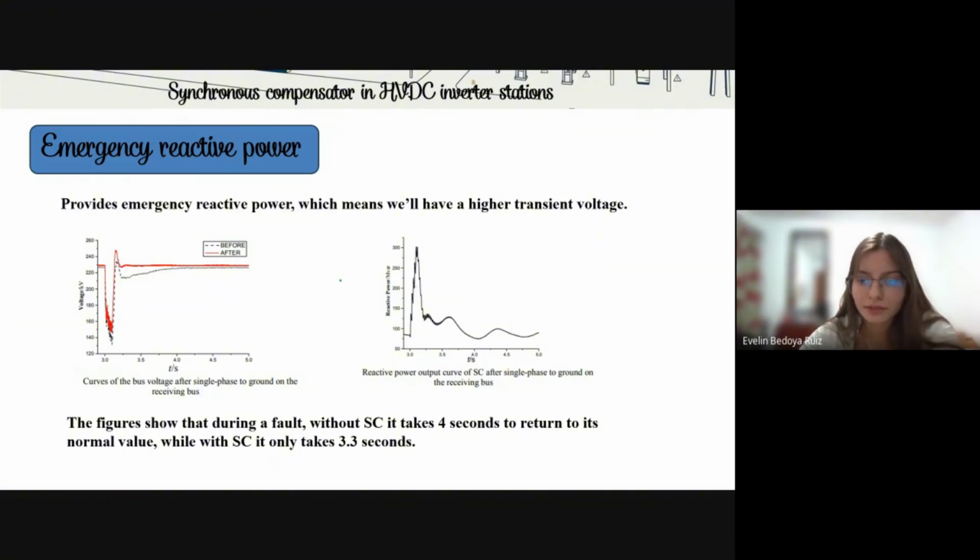And the most important thing we need to notice here is that before we have the compensator, it takes 4 seconds for the voltage to return to its normal value, while with the compensator it only takes 3.3 seconds. And it's very important for the grid that the voltage stabilizes quickly, because the faster the voltage returns to its normal value, the more stable and stronger the grid will be.